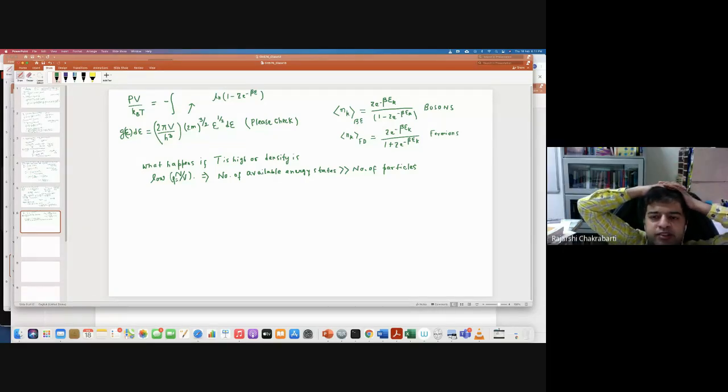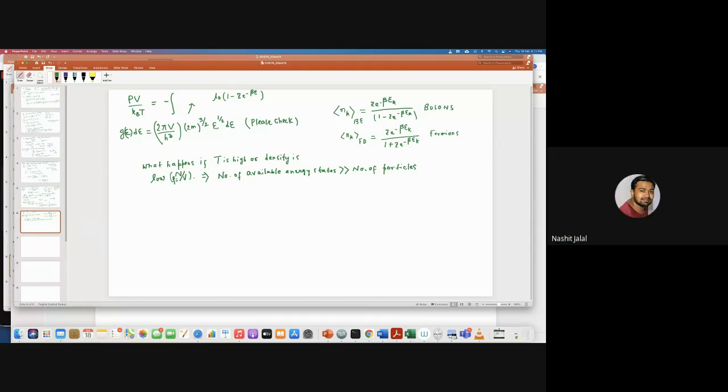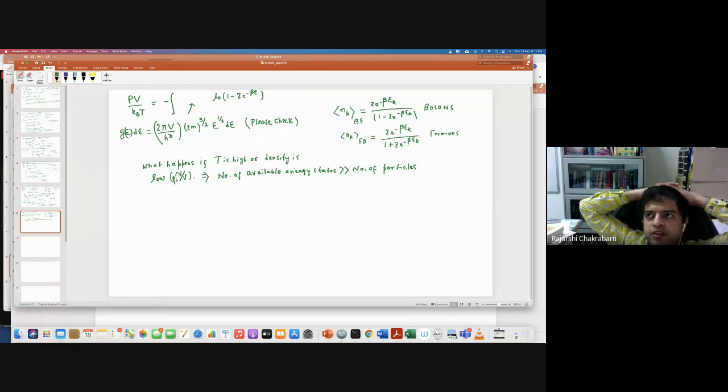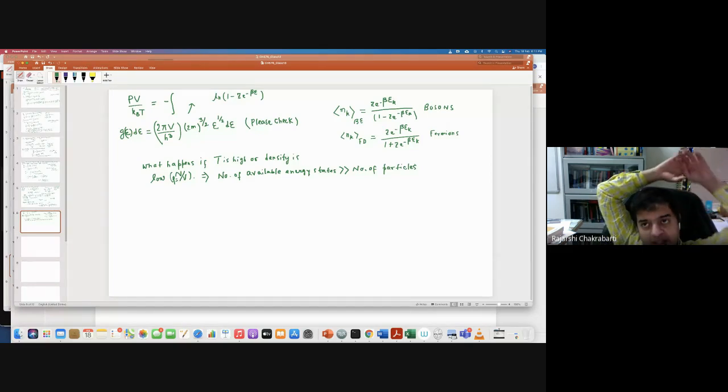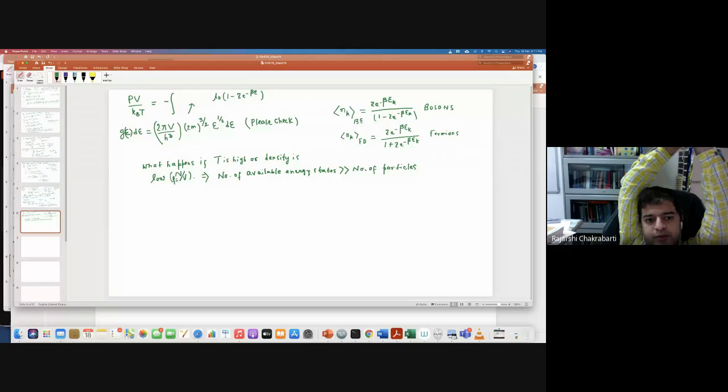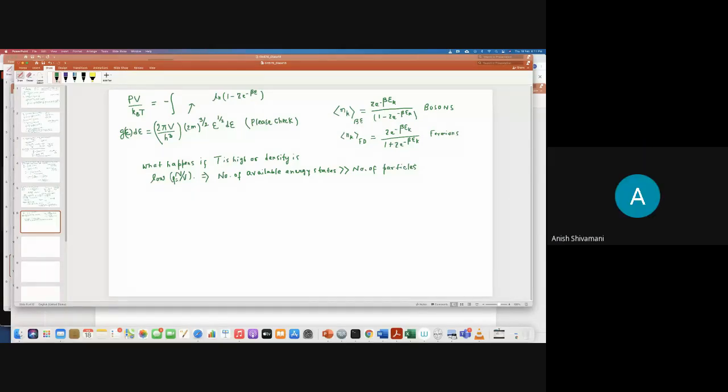What happens to your energy levels? They are closely spaced, it is 1 over L square. So the energy levels are going to be closely spaced when density is low.